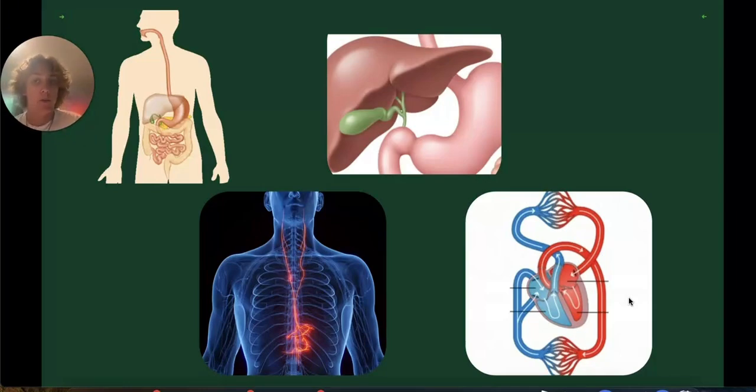The vagus nerve is also part of the parasympathetic nervous system, and the vagus nerve is really important in the utilization of the small intestine and the stomach.